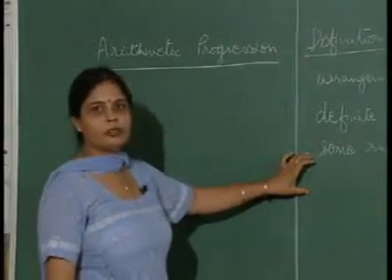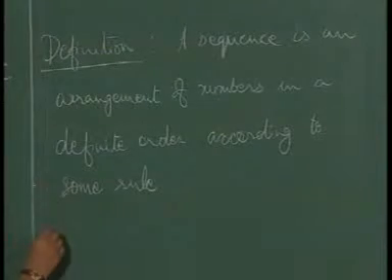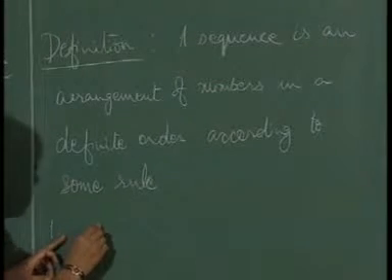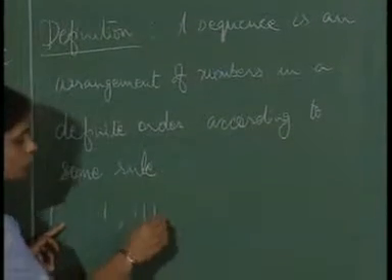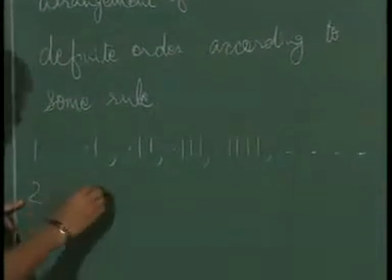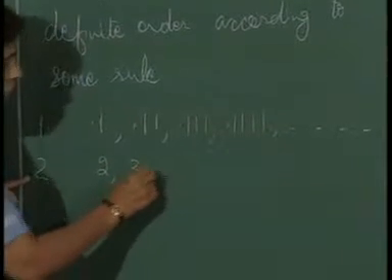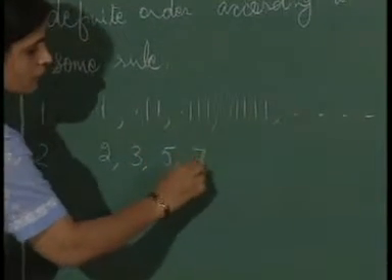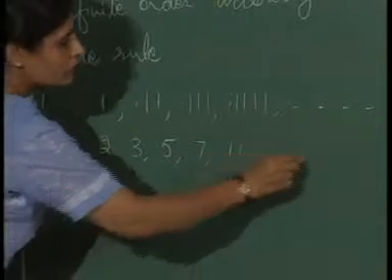I shall write down some of the examples of sequences. So let's think about this: 0.1, 0.11, 0.111, 0.1111, and so on. Let's take this sequence: 2, 3, 5, 7, 11, and so on.